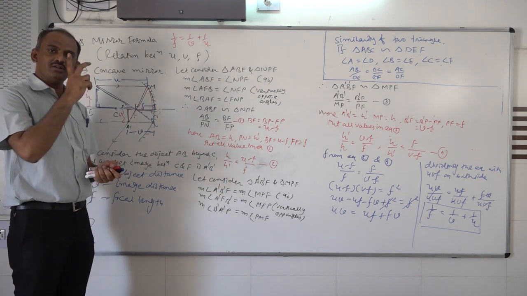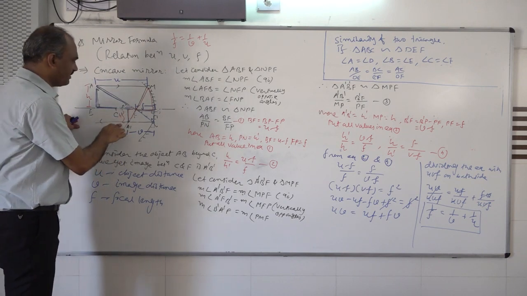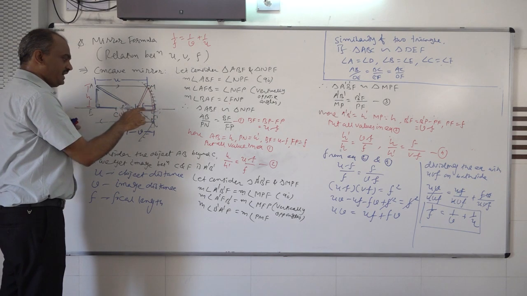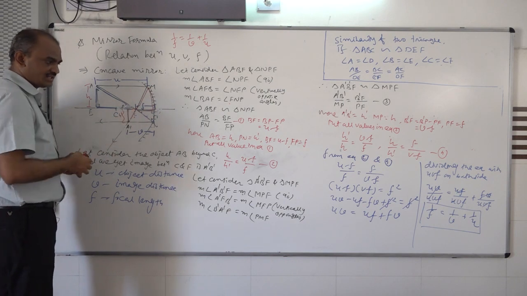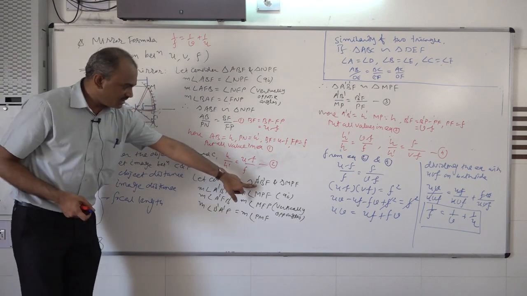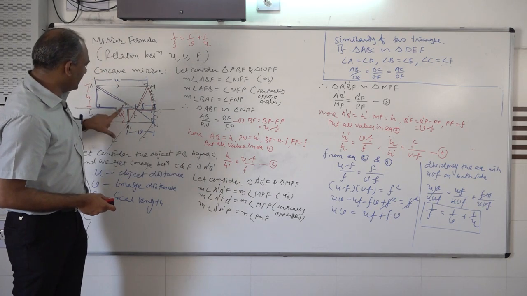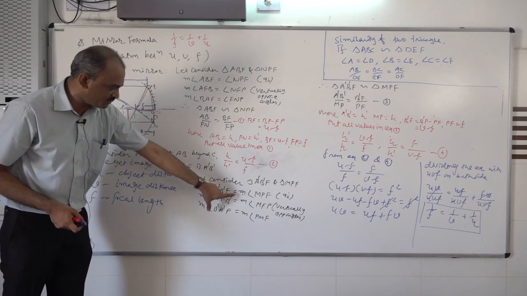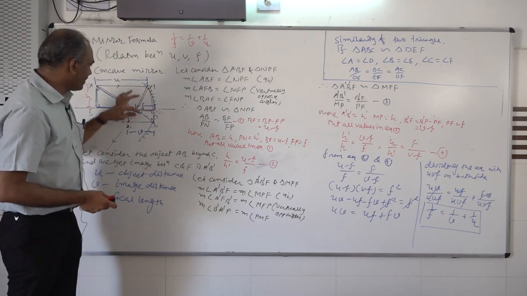Now we take another pair of triangles: A dash B dash F and MPF. Once again for these two triangles, angle A dash B dash F is equal to angle MPF because both are 90 degrees.